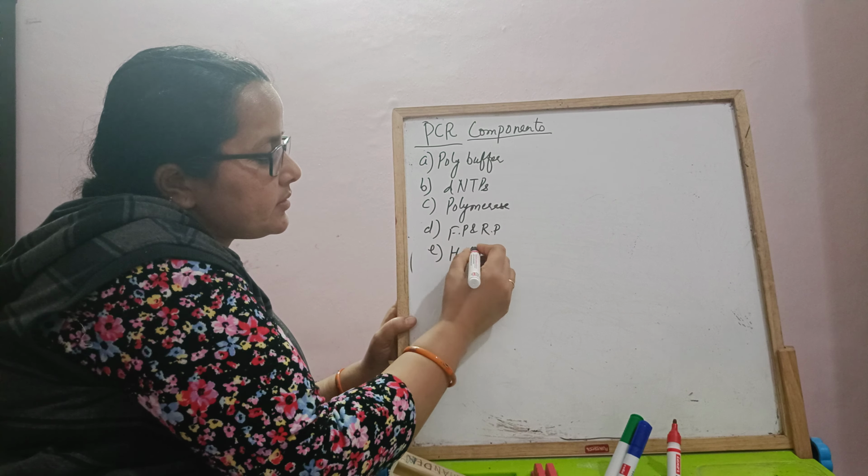But because it has sulfate ions also, it will prevent the binding of primer to non-specific sites. For example, if this is your template 5' to 3', and the primer is binding here, but it has only 4 complementary bases instead of 20 or 25 bases, then if it binds and extends, it can give non-specific products.